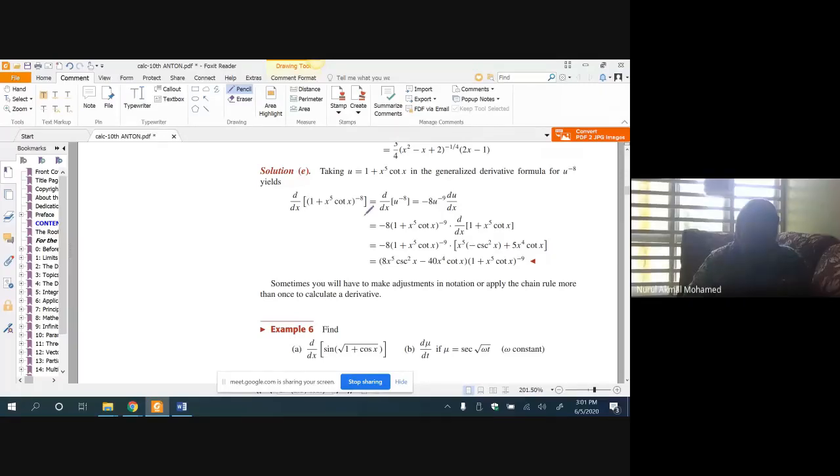Once you know that, you can straight away use the quotient rule. Obviously, you still have to use the product rule for x to the power of 5 and cot x.